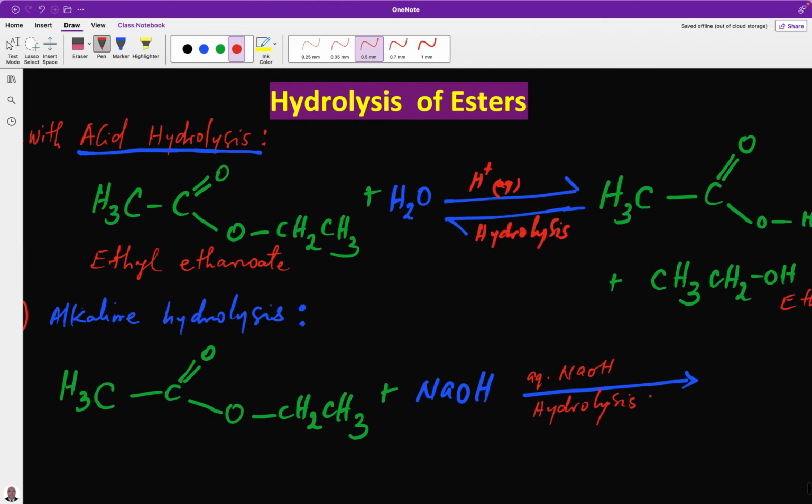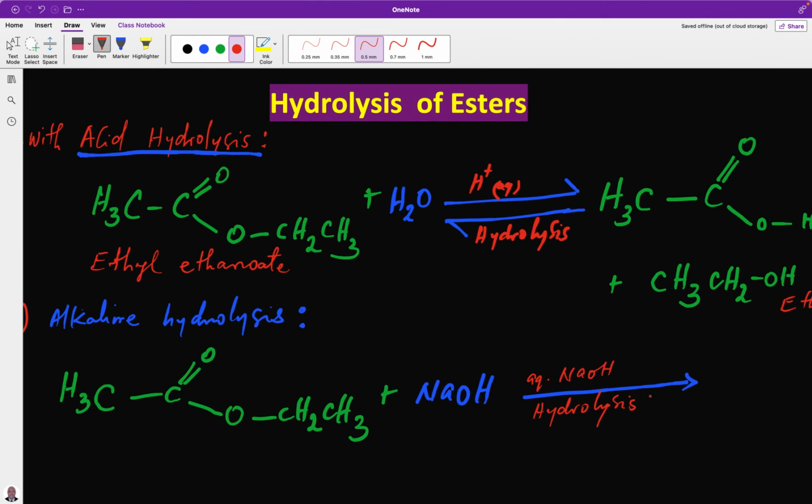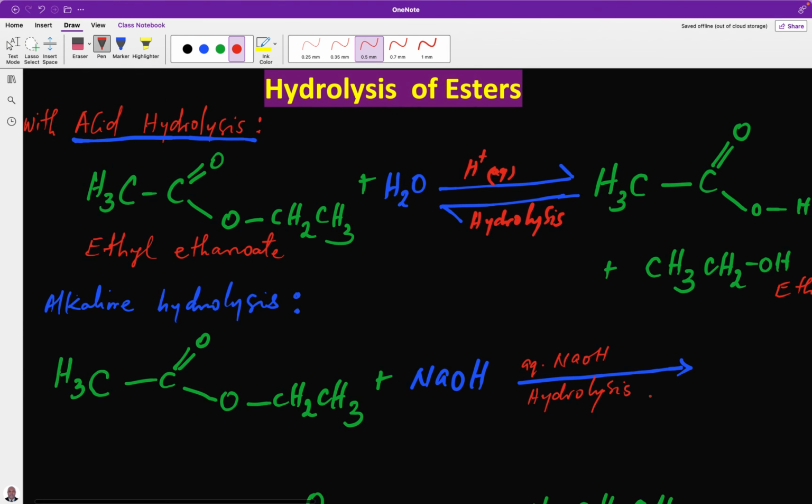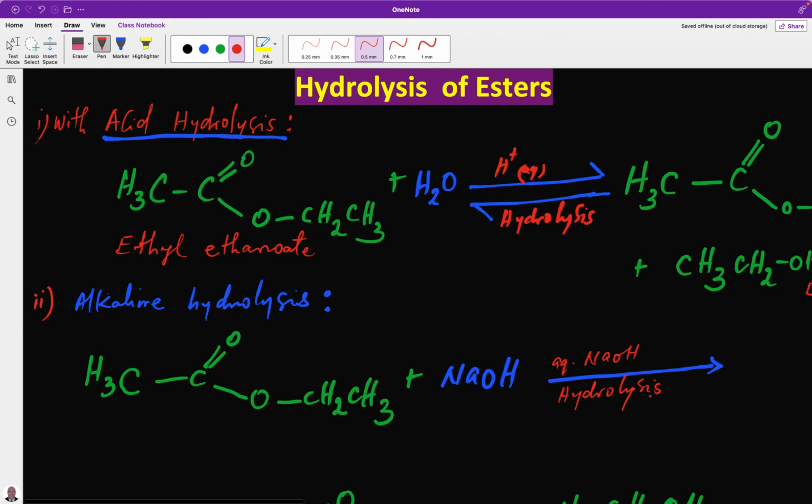So once more, we said esters can be hydrolyzed by heating under reflux with either dilute acid or aqueous sodium hydroxide. If we do the hydrolysis under acidic condition, acid hydrolysis results in a reversible reaction and equilibrium is established. But with alkaline hydrolysis, there is no reversible reaction.